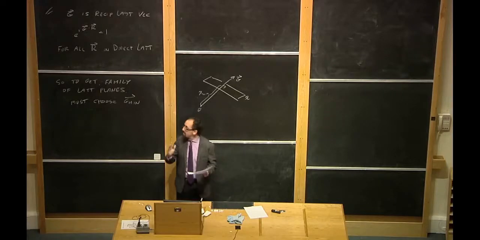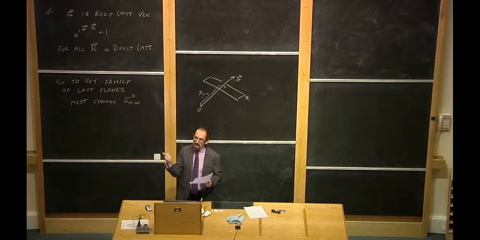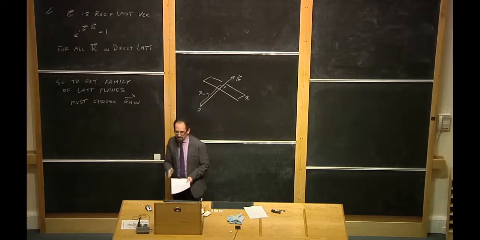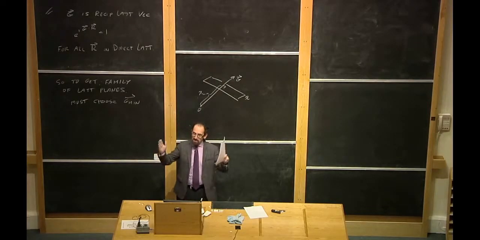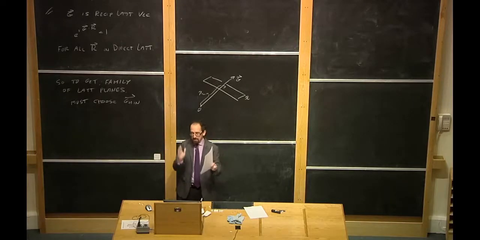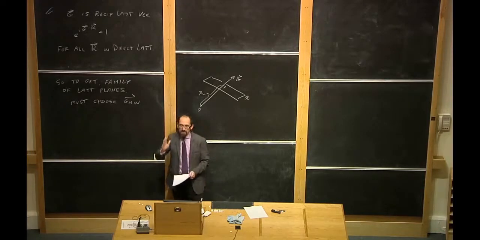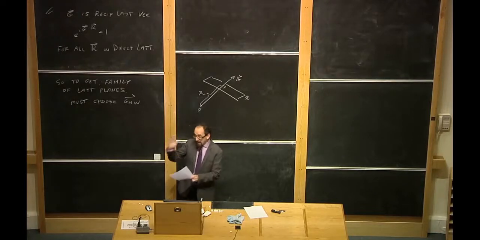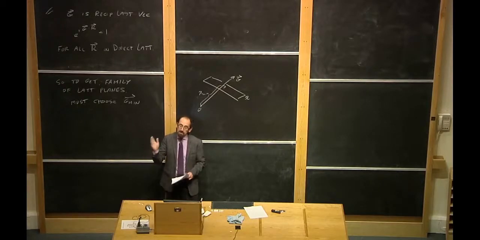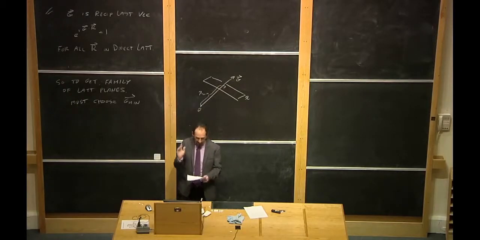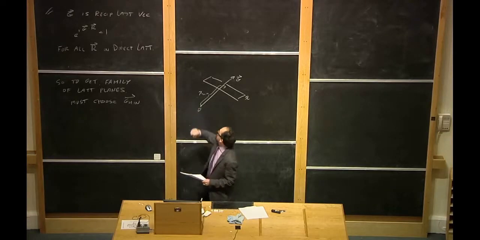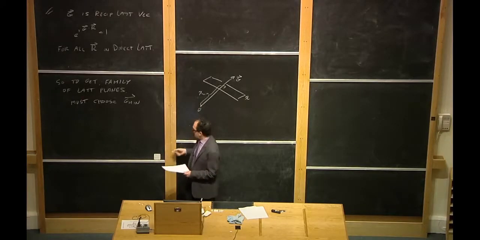If it was not the minimum reciprocal lattice vector in that direction, you could make it smaller, cut it in half, for example, and get something which has fewer planes, and yet all of the lattice points would still be included. So you should take the minimum reciprocal lattice vector so that you get enough planes. You're guaranteed that all your lattice points in the direct lattice will be included in those planes, but you don't get any extra. Okay? Good. All right, so that's the proof of that rather important theorem.